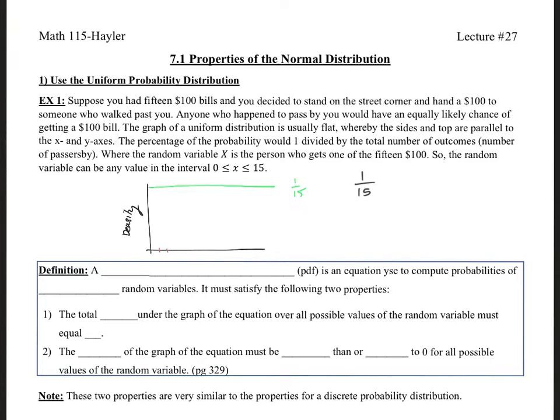So 1, 2, 3, 4, 5, 6, 7, 8, 9, 10, 11, 12, 13, 14, 15. We go ahead and extend our graph a little bit. So there we go. And that would be the density function, which is pretty much shaped like a rectangle. So it's easy to find the area of these. But one thing to remember for our functions, the area underneath them is going to be 1.